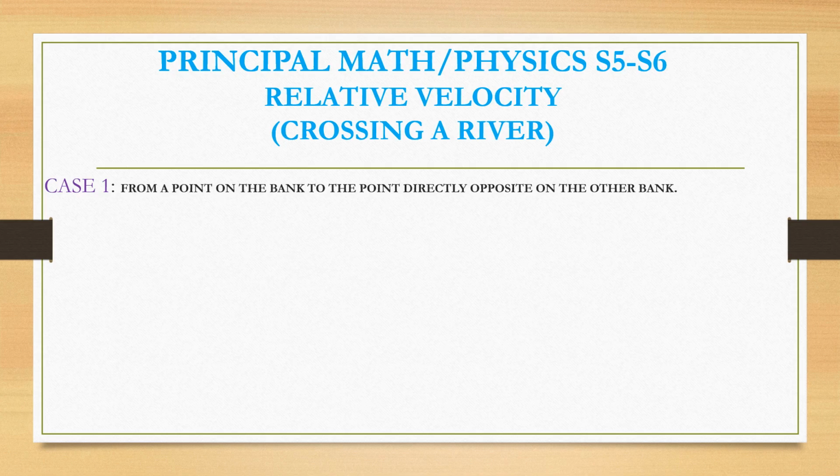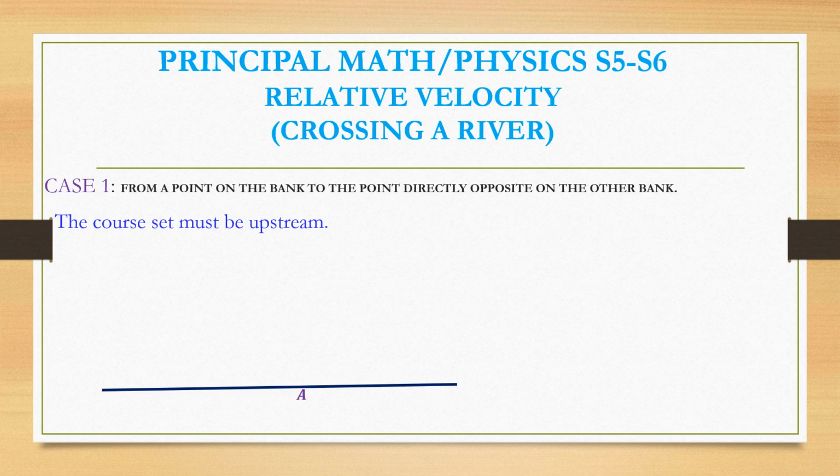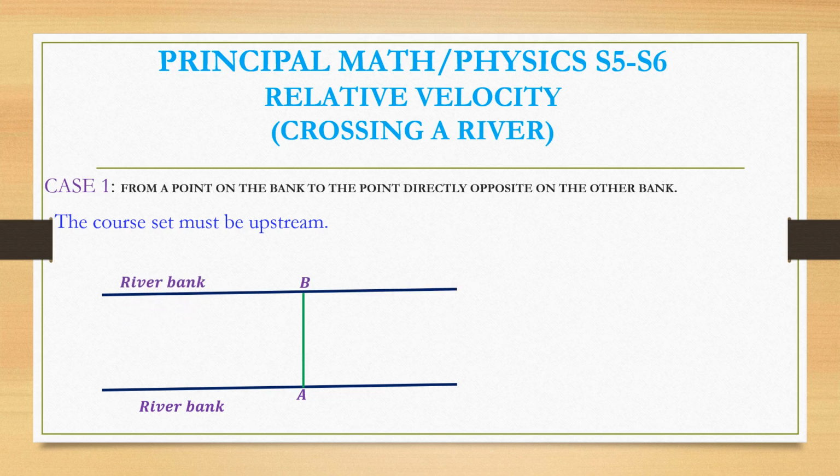So for him to move directly opposite to the other bank, he has to sail the boat in a way that he sets the course upstream. As per the illustration, let's look at bank A, bank B. Now the distance from A up to B, if it is given, is the distance between the two parallel river banks.